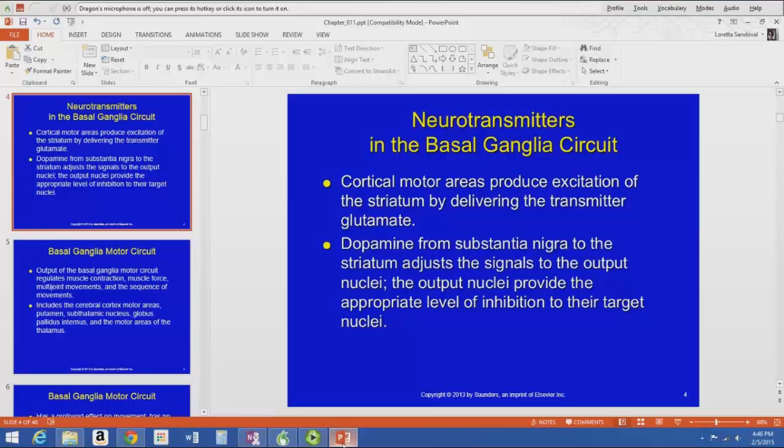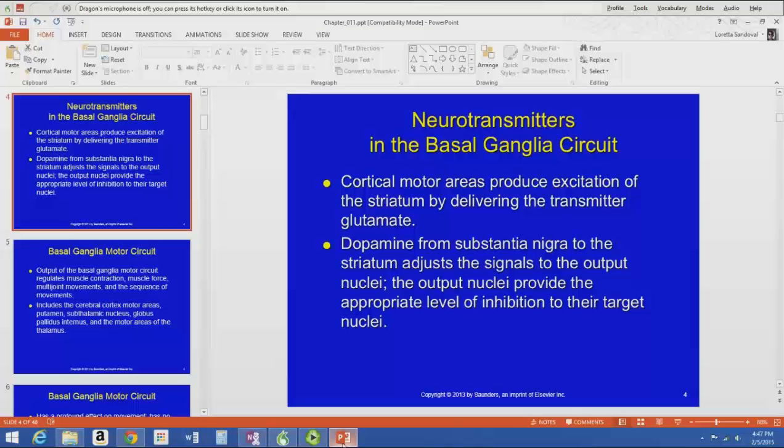But the basal ganglia circuit works by delivering certain neurotransmitters. So the cortical motor areas use the transmitter glutamate, and we know that's an excitatory neurotransmitter. Dopamine from the substantia nigra adjusts the signals to the output nuclei to provide the appropriate level of inhibition to those 3 pathways we just talked about.